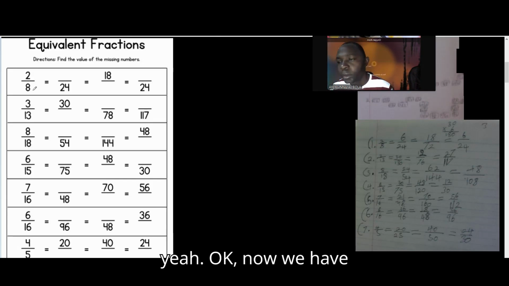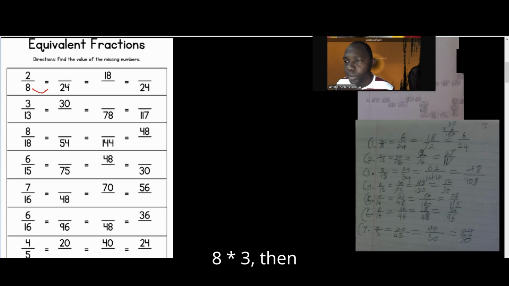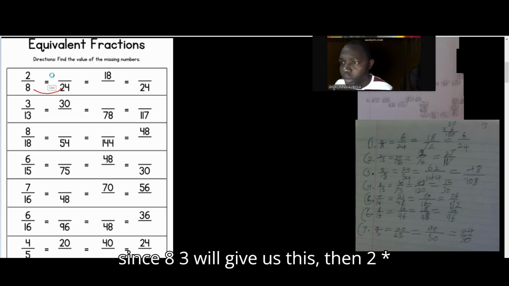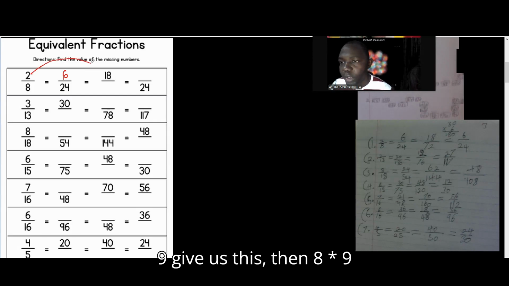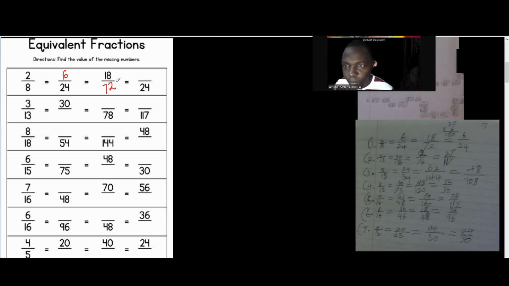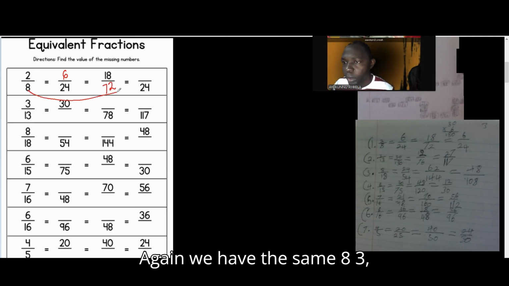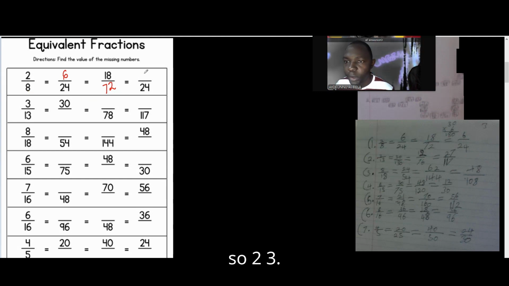Okay, now we have 8 times 3. Since 8 times 3 will give us this, then 2 times 3 should be 6. Since 2 times 9 will give us this, then 8 times 9 should be this. Again, we have the same 8 times 3, so 2 times 3.